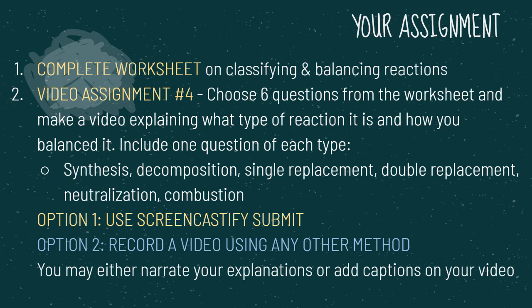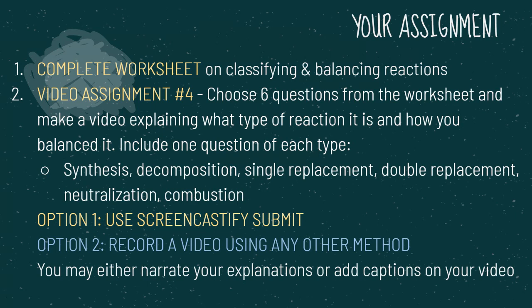The worksheet will have more than 6 questions, so you could just complete 6. However, you need to choose one of each type of reaction. We talked about synthesis, decomposition, single replacement, double replacement, neutralization, and combustion. So you need to complete at least 1 question from each category.